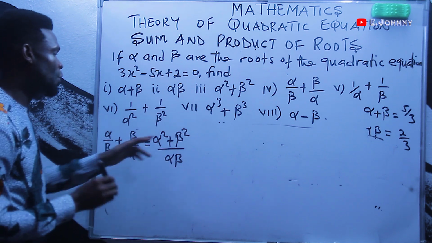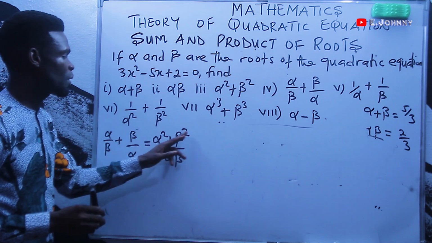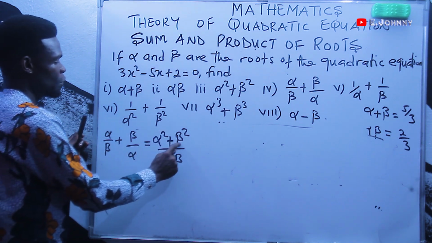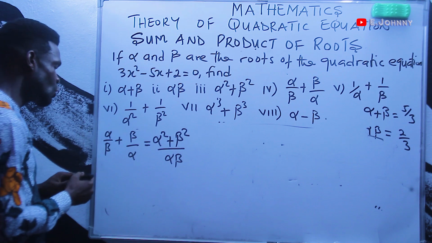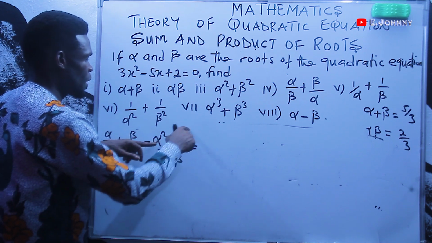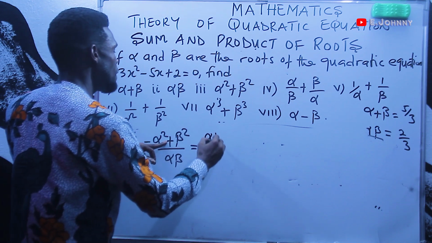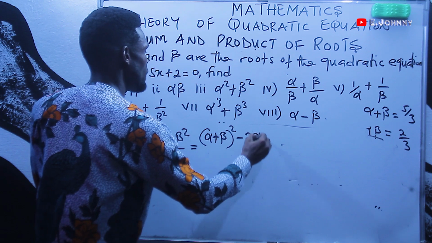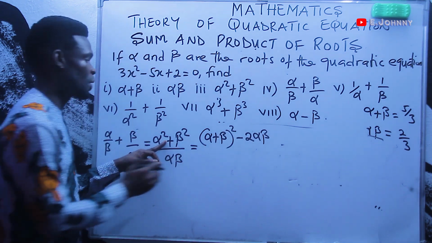Now if you look at the numerator, we have alpha squared plus beta squared, and I told you to memorize this. So anywhere I see alpha squared plus beta squared, I'll comfortably drop, in its place, alpha plus beta all squared minus 2 alpha beta. Don't forget that.